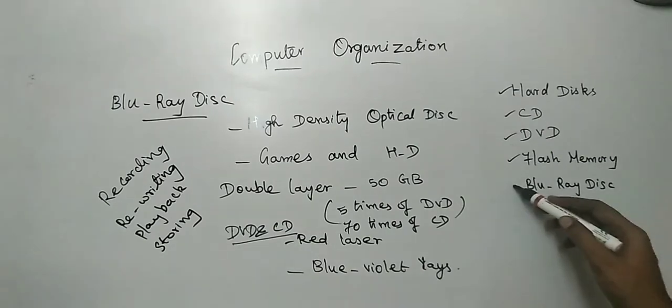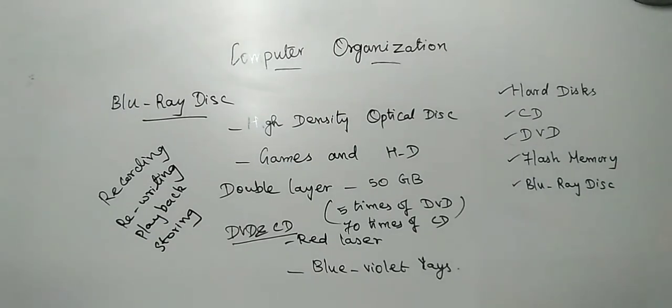Similarly, the next one is your Blu-ray disc. So these are the secondary storage devices that we have discussed by today. Now you are clear with a few secondary storage devices that are available. Why do you need a secondary storage device? The main memory is more expensive and it is going to have less storage.